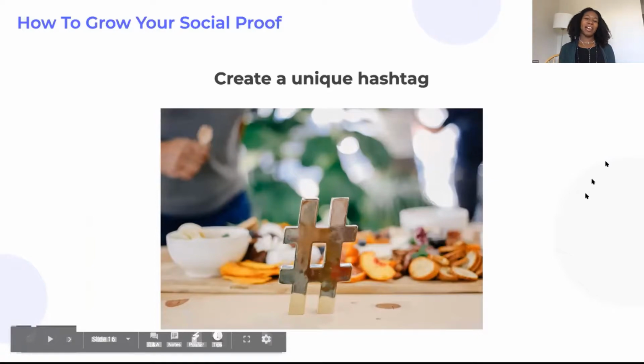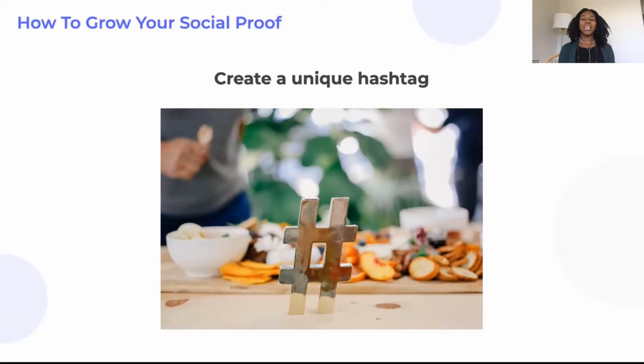For example, our hashtag is #AloraTribe, and you can check to see who has posted with that hashtag. If they haven't already tagged you in it, you should ask them for permission to use their photo. But most people will give you permission to repost or use their photo. So you just go through your unique hashtag and pick out the best photos.